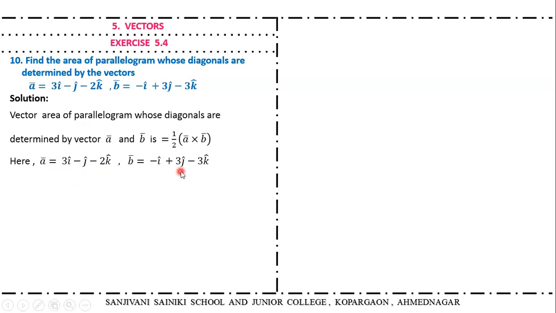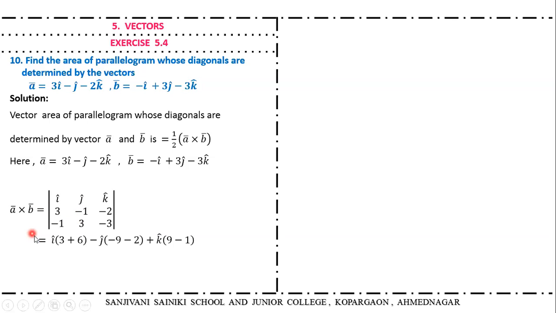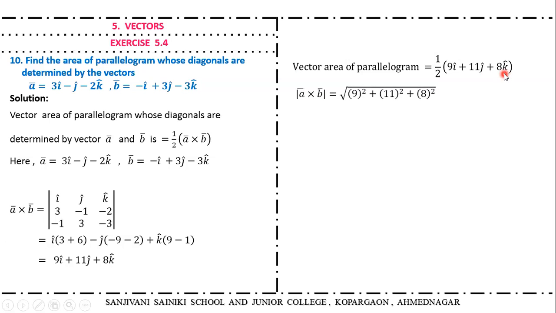So here A bar is given, B bar is given. By using the determinant we find the cross product of the two vectors, and then the vector area of the parallelogram is 1/2 times 9i cap plus 11j cap plus 8k cap. Now we find its magnitude.